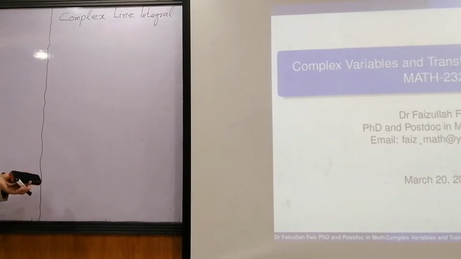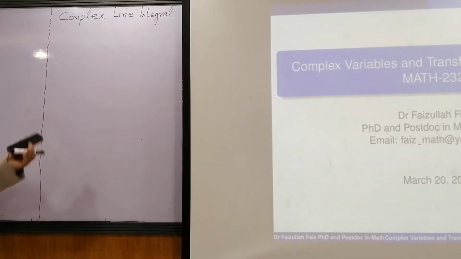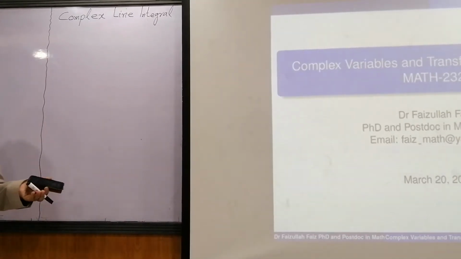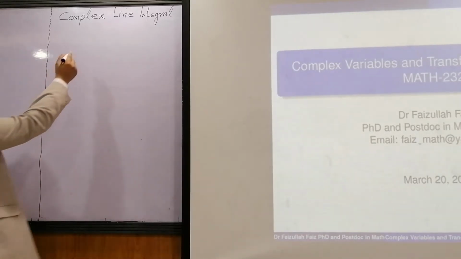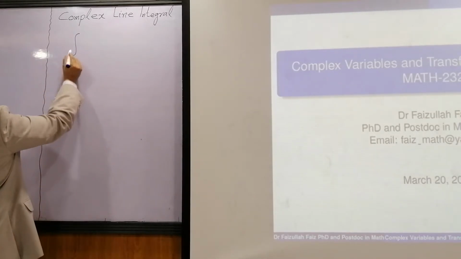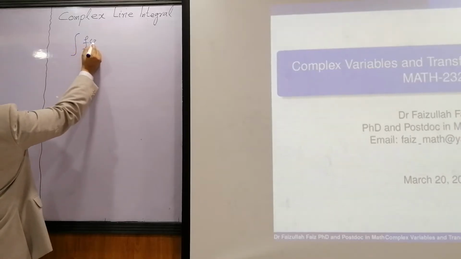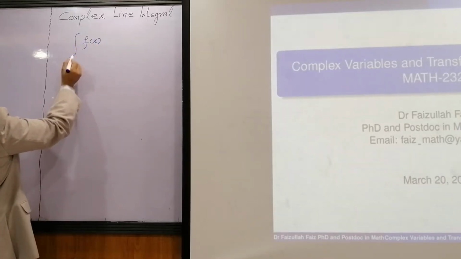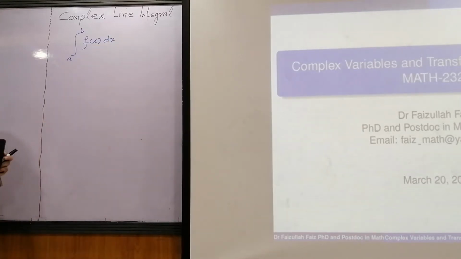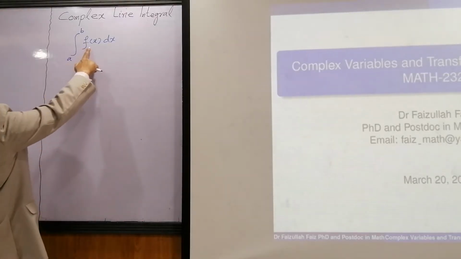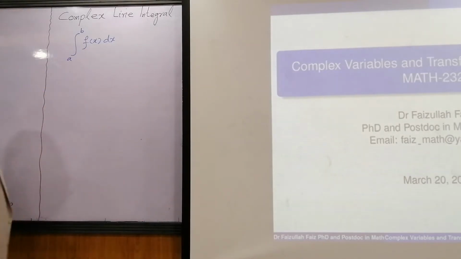First of all, let us see the difference between the real integral and the complex integral. If we have to integrate a function f of x from a point a to b with respect to x, then in the real case, what do we mean? We mean that here f of x is a real valued function.